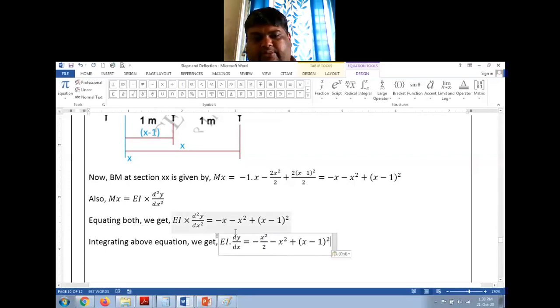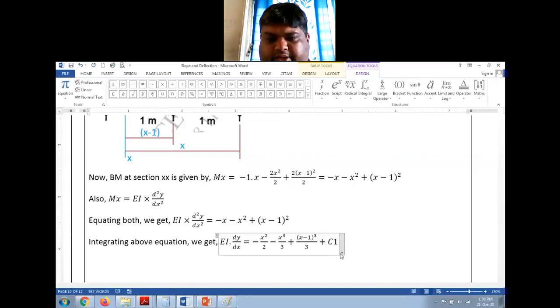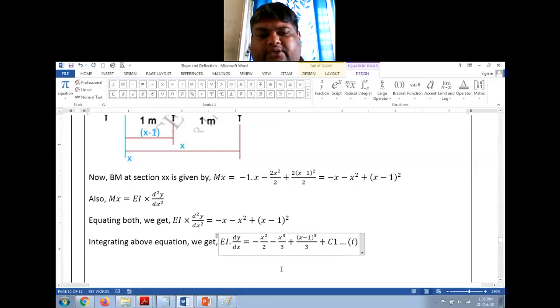So x becomes x square by 2. I have x square, so this will become x cube by 3, and (x minus 1) whole square is there, so this will become (x minus 1) whole cube by 3, right? Plus add constant of integration c1. So this is my equation 1 from which I will find the slope later.